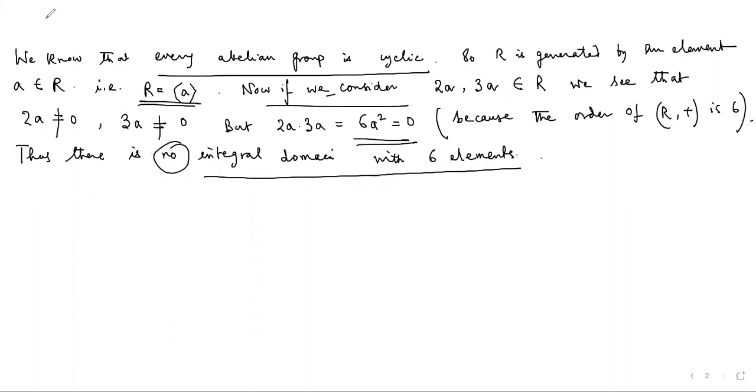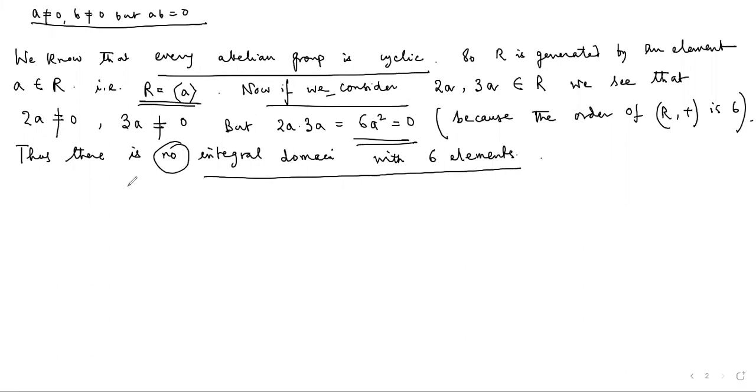Zero divisors means a not equal to 0, b not equal to 0, but ab equal to 0. That is called the zero divisor. a is the zero divisor of b, b is the zero divisor of a. But here it's not happening, therefore it has no zero divisor. And therefore there cannot be any integral domain with 6 elements.